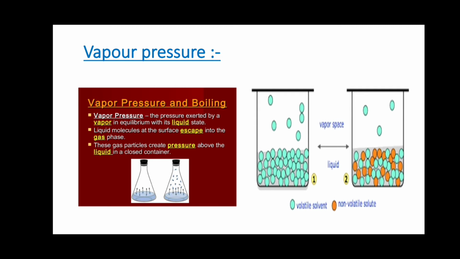Non-volatile means it is not converted from liquid to vapors, it does not evaporate. You have to identify what is volatile and non-volatile. So to create the vapor pressure on the surface of the solution, one of the solvent or solute must be volatile. Then only vapor pressure will be created.